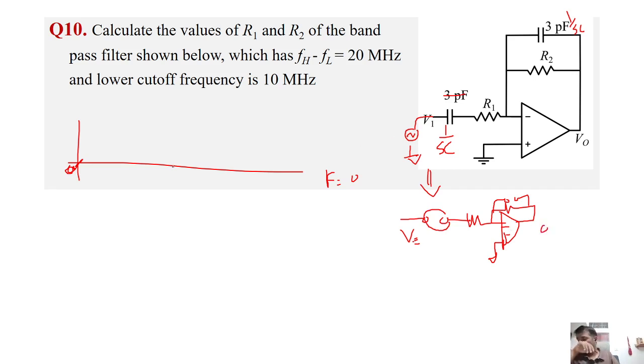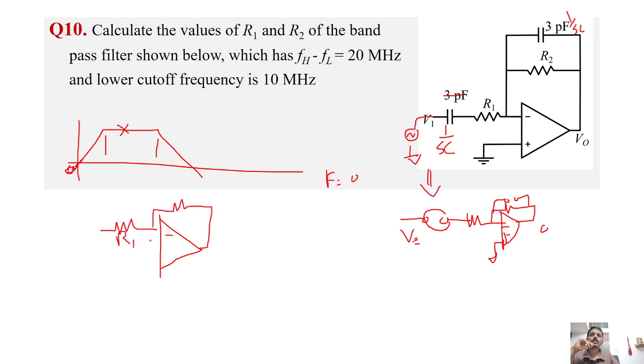But according to the band pass filter transfer function, it must look like this, right? Which means after a particular frequency, the output should not be affected by the frequency for a particular band, from this band to this band. That is, there is no effect of the capacitor.